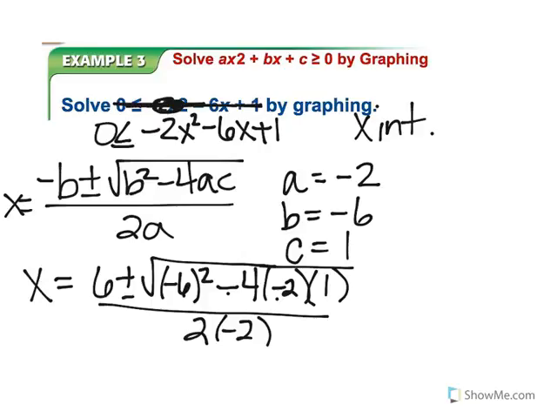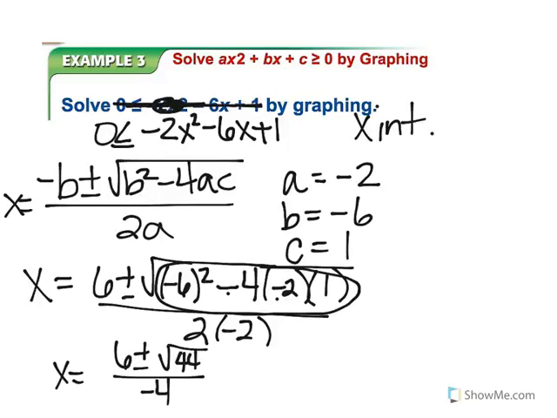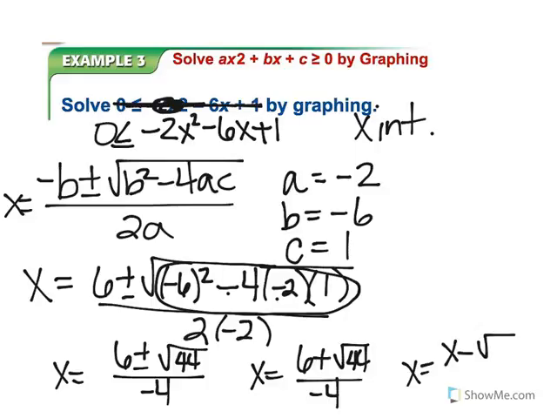Alright, so if we plug this discriminant into our calculator, we end up getting 44, so we have 6 plus or minus the square root of 44 divided by -4. Now, if I write this as two equations, this is 6 plus the square root of 44 divided by -4, and x equals 6 minus the square root of 44 divided by -4.